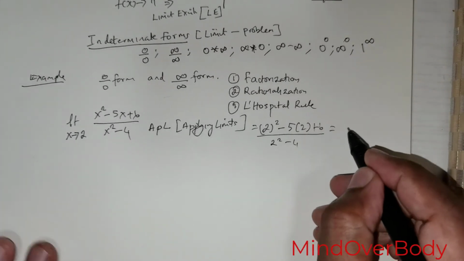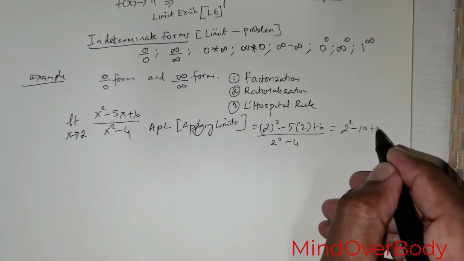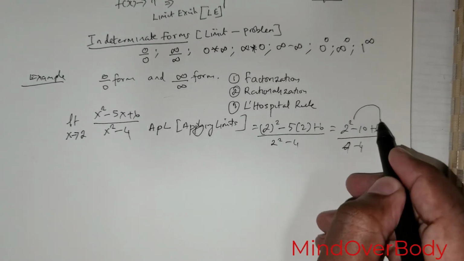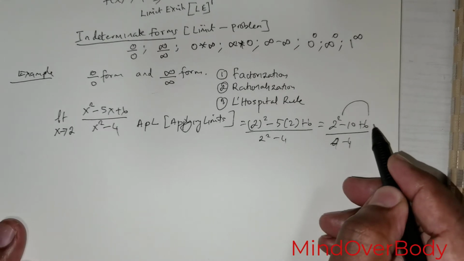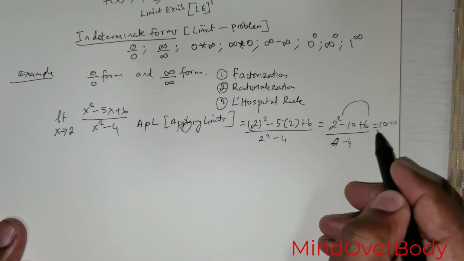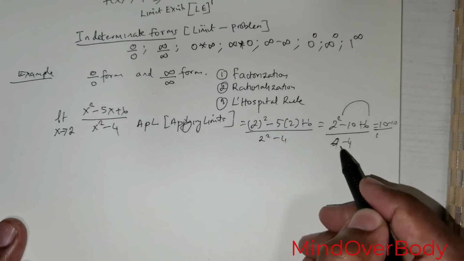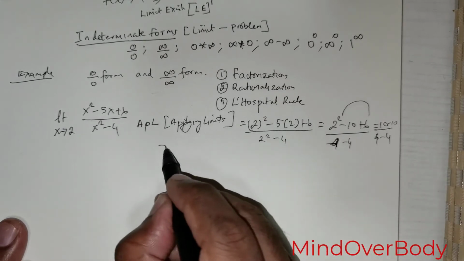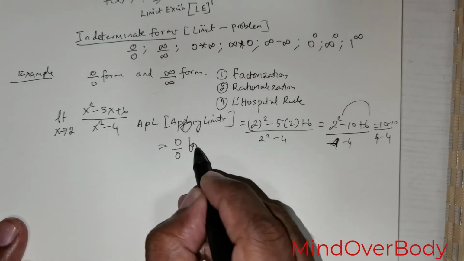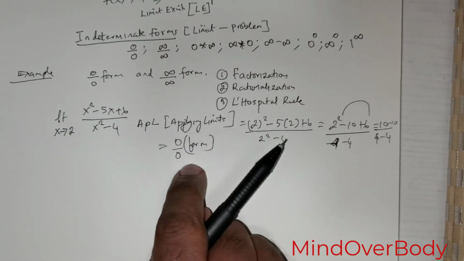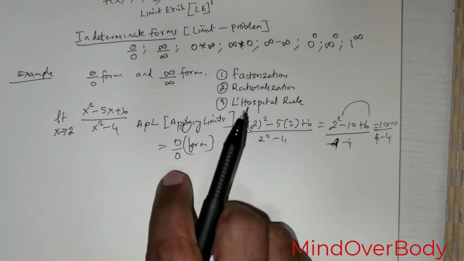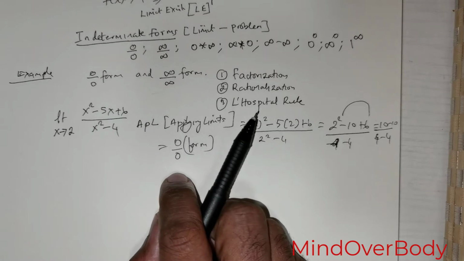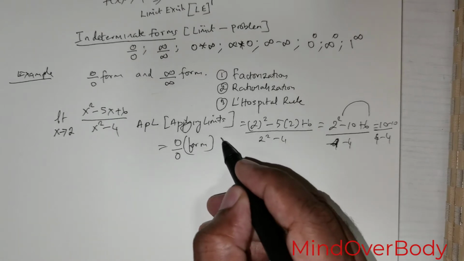And this is equal to 2 squared minus 10 plus 6 divided by 4 minus 4. 4 with 6 would give me 10, minus 10, divided by 2 squared is 4. So 4 minus 4. So this is 0 over 0 form. You will have to explicitly state this.